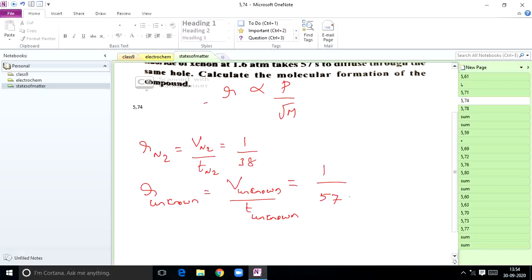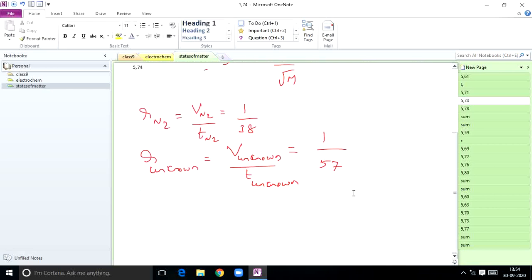So from this we can write, keep it like that. You already know rate of diffusion of nitrogen is proportional to partial pressure of nitrogen divided by square root of M, the molar mass of nitrogen. Keep it like this.